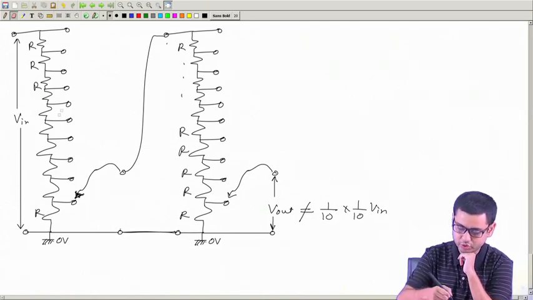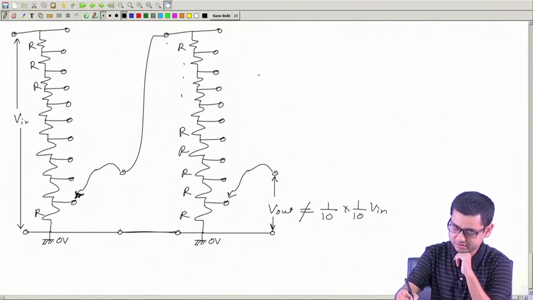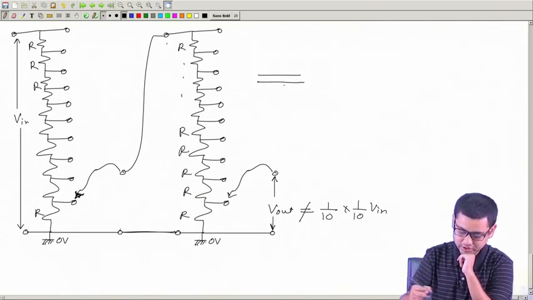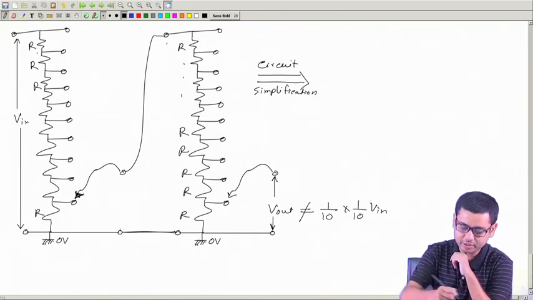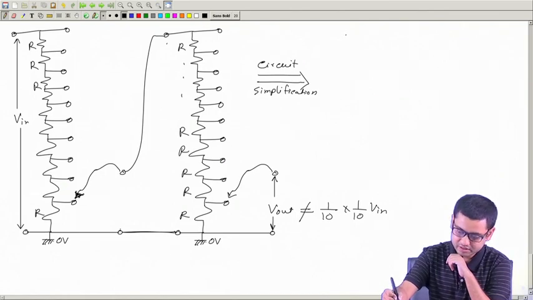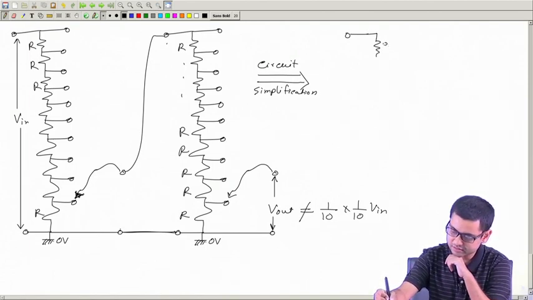So this circuit, let us do some circuit simplification. So I have 9R here and then 1R.